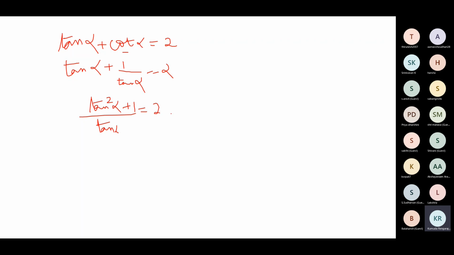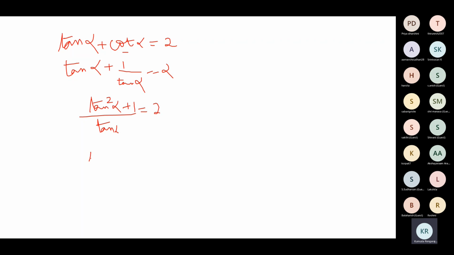Cross multiply and bring everything to one side. What will you get? What is this equal to? It's an identity, a square minus 2ab plus b square.